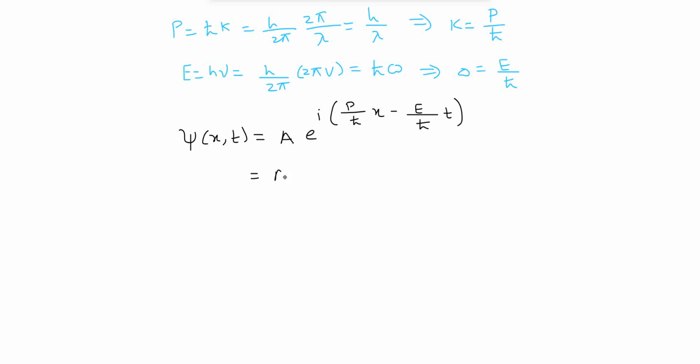So we end up getting A e to the power i by h cross, taking h bar common, into (px minus Et). So this is the wave function.